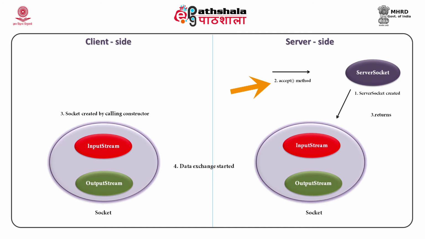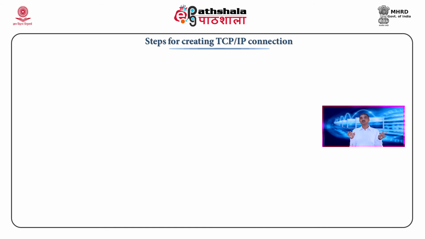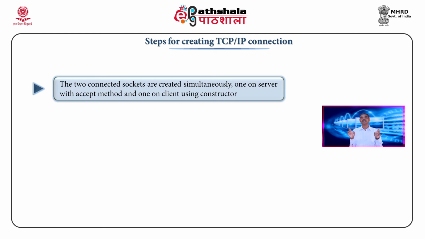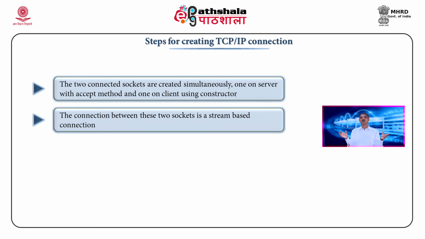It is blocking for a client, but when a client connects, it returns a socket object. So, we have two sockets getting created simultaneously: one on the client machine because of the constructor called to make a connection, and the other from the accept method on the server side. These two sockets are connected to each other. How are they connected?